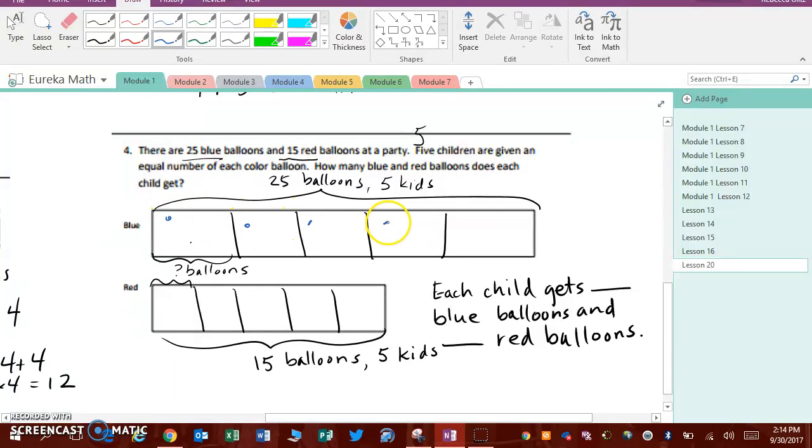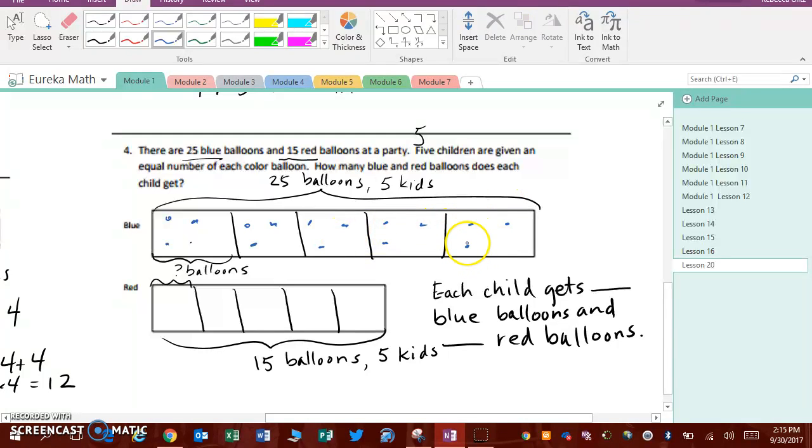1, 2, 3, 4, 5, 6, 7, 8, 9, 10, 11, 12, 13, 14, 15. What? What did I do? I put 2 in one box. Didn't make sense to me. So I've got 3, 6, 9, 12, 13, 14.